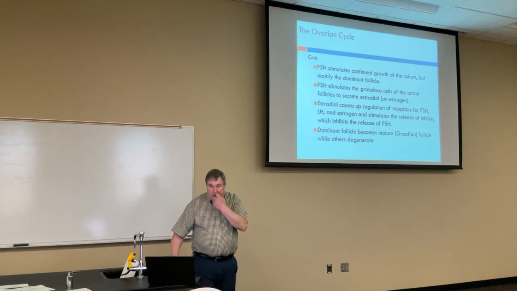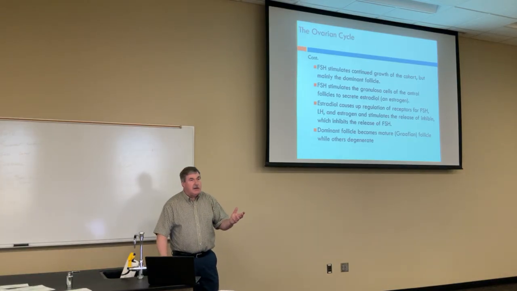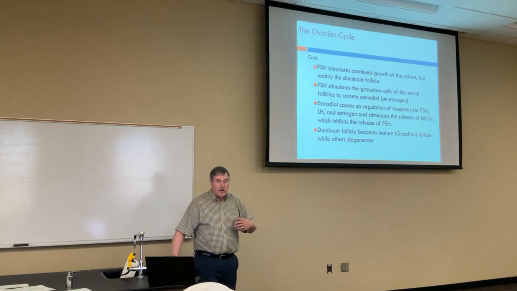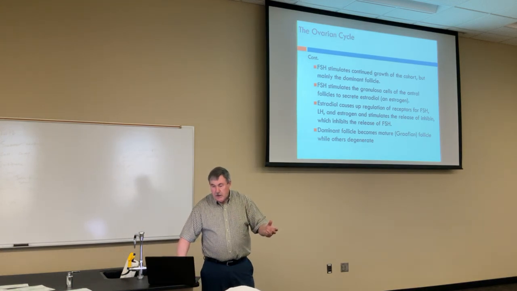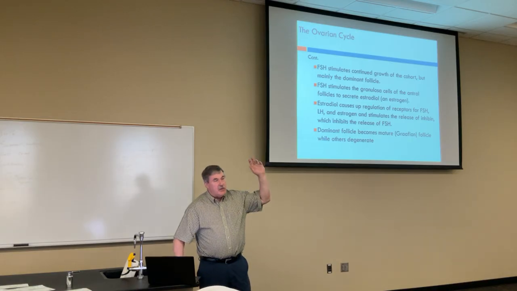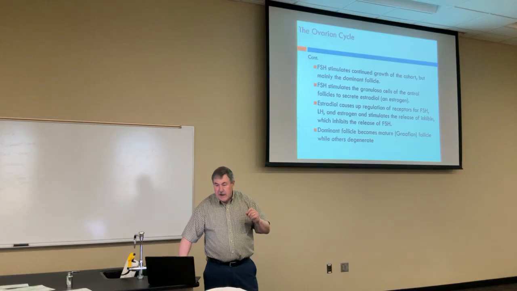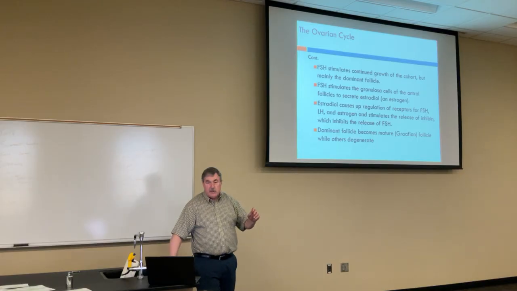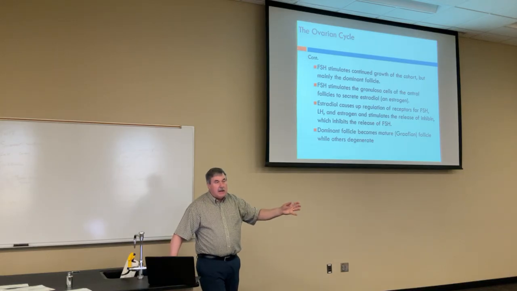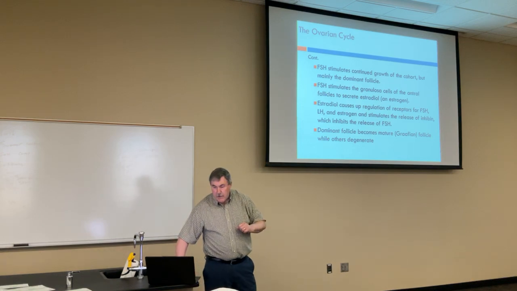Okay, so the hormonal events that stimulate this development of a new cohort of follicles start out with the release of gonadotropin-releasing hormone from the hypothalamus. Gonadotropin-releasing hormone then stimulates the release of FSH, or follicle-stimulating hormone. And that stimulates continued growth of the cohorts that had already started developing in previous cycles, but it mainly stimulates the growth of a dominant follicle, and all the others disintegrate as atretic follicles.